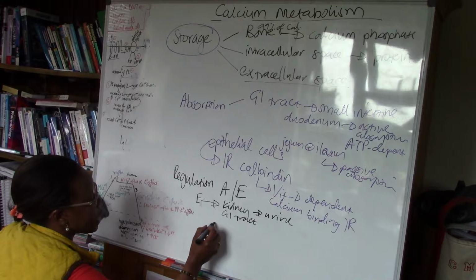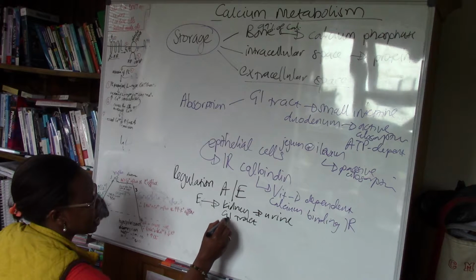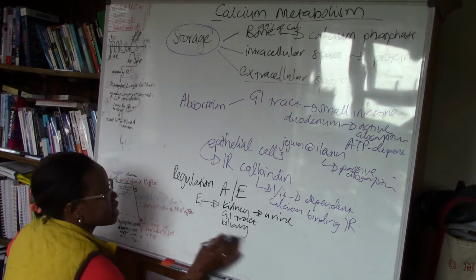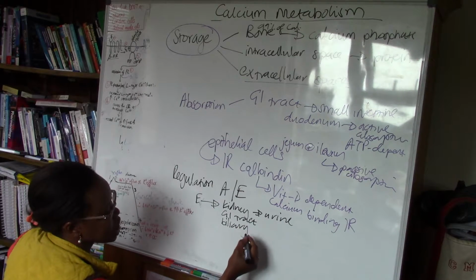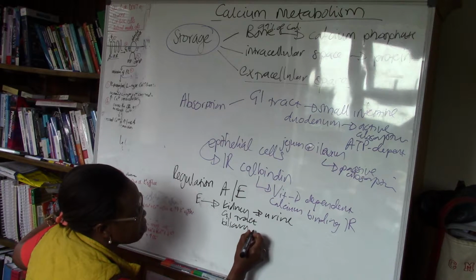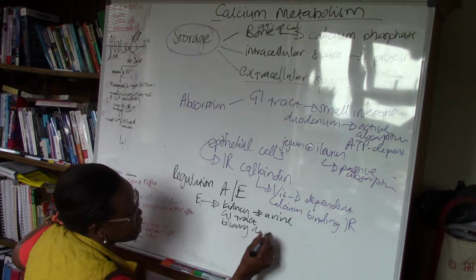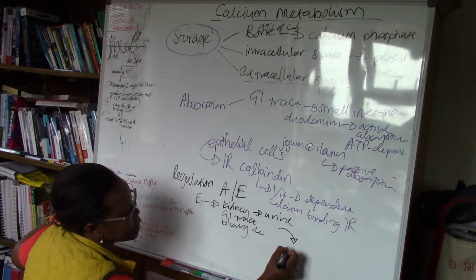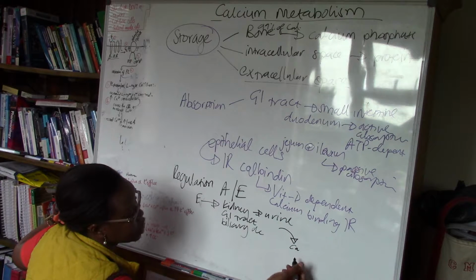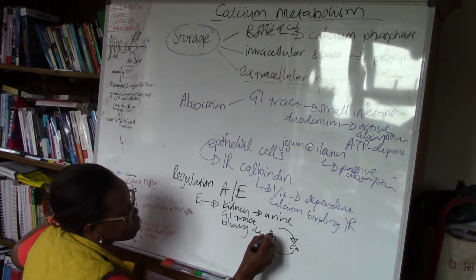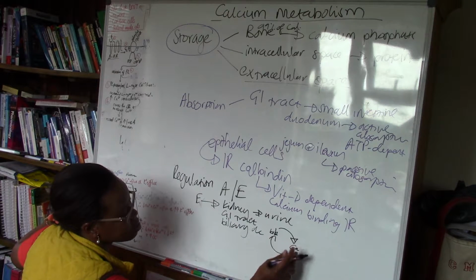And also there is the biliary route, where the bile duct will release calcium into the GI, and then it is taken back to the bile.